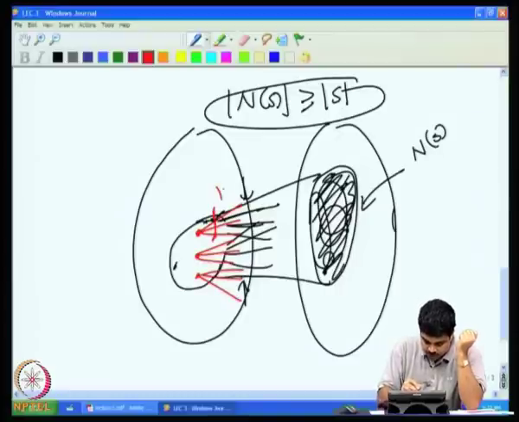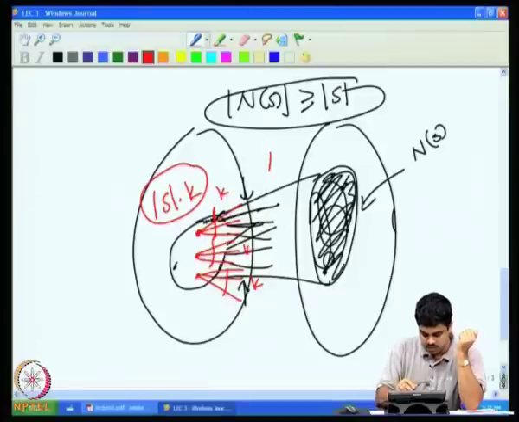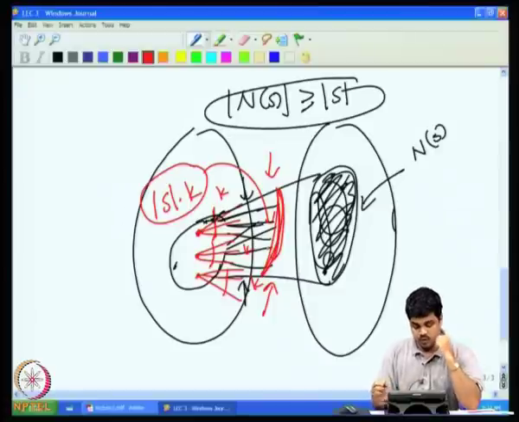Definitely there are k of them here, k of them here, and k of them here, and totally the cardinality of S times k edges will go out. The number of edges you see here will be this much.